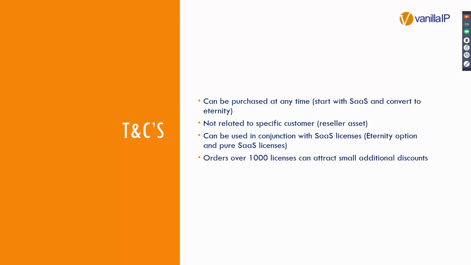And of course, volume is a great attractor to us. So if you want to sit down and talk about purchasing these in 1,000 license blocks, then we can negotiate on the price.